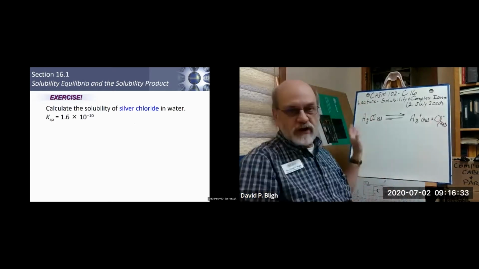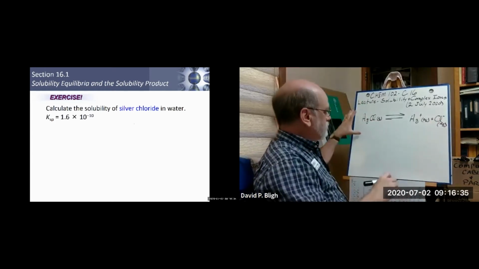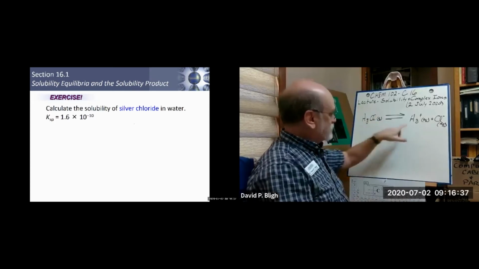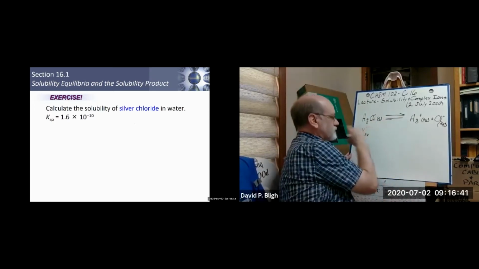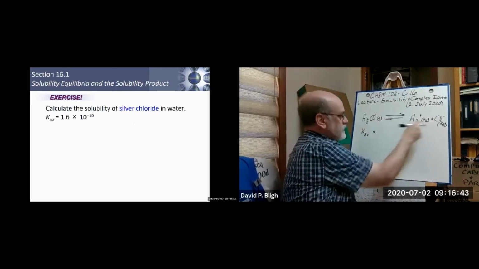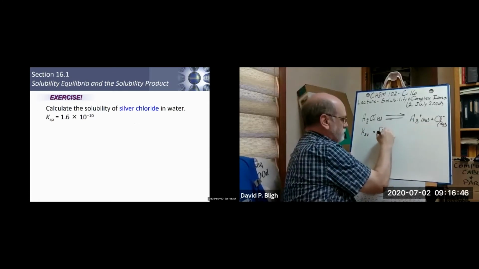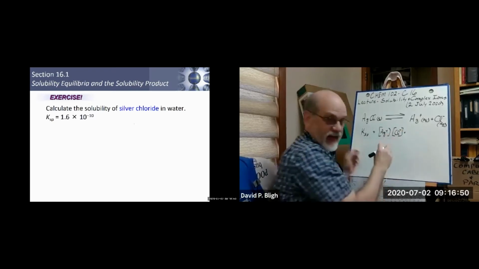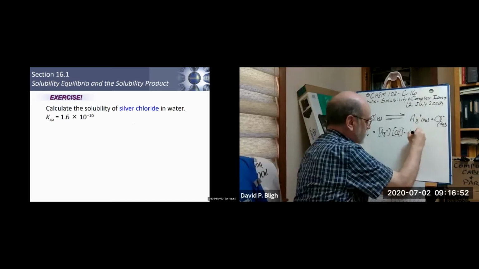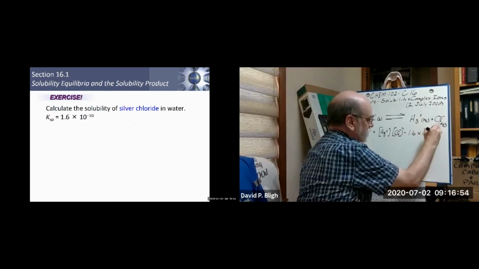So there's our reaction, and it's balanced. And then if we write the solubility product, we just have these two ions to the first power, and that's equal to 1.6 times 10 to the minus 10.